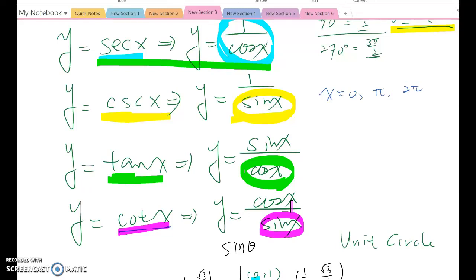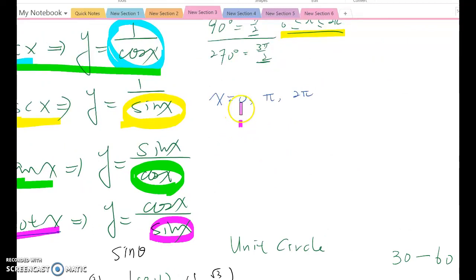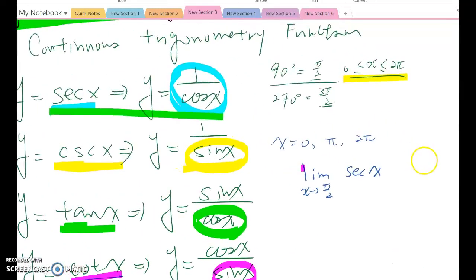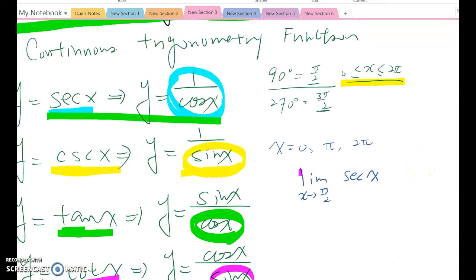Good? Okay, now how to interpret limit values basically. If any question asks you to find the limit as x moves to pi over 2 of secant x, the secant x case depends on cosine here. You know cosine of pi over 2 is 0, and this is an undefined case, right?